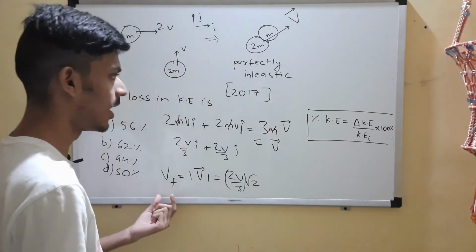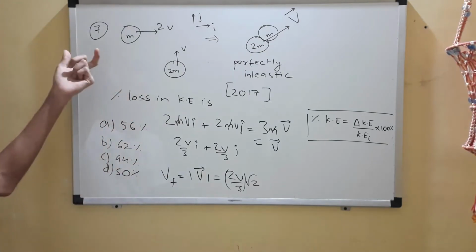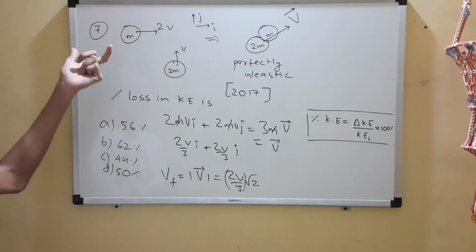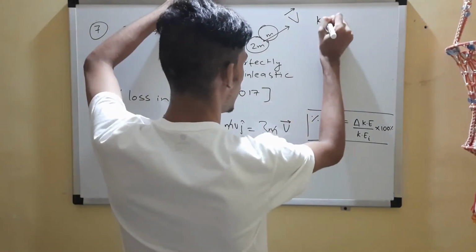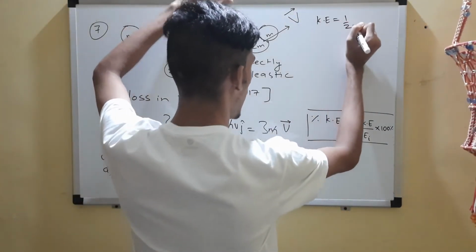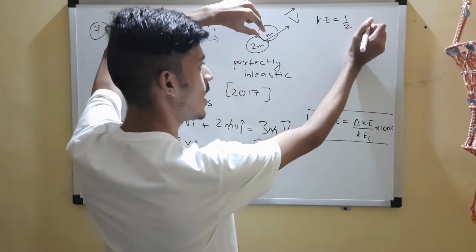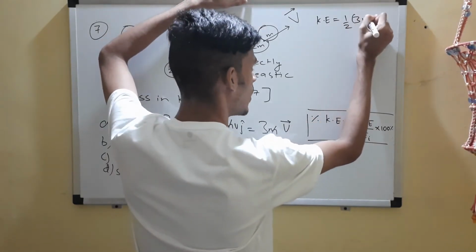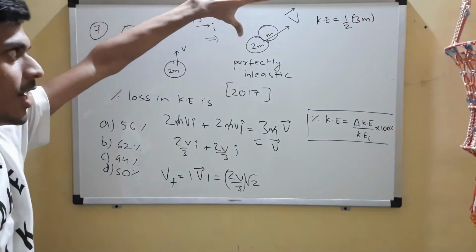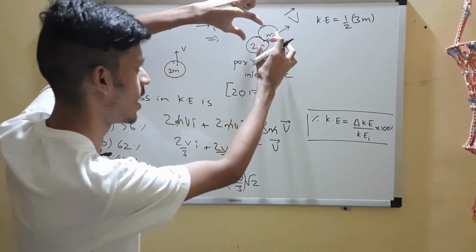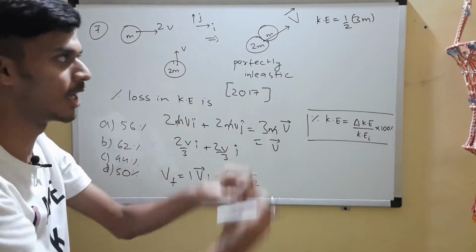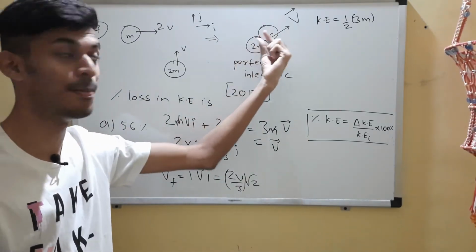So you have the final velocity, and you can find the initial kinetic energy, so we can use that formula. First of all, let's find the final kinetic energy. That will be half m is 2m plus m. Pay attention over here. In our final condition, these two masses are moving together, so m is nothing but 2m plus m.